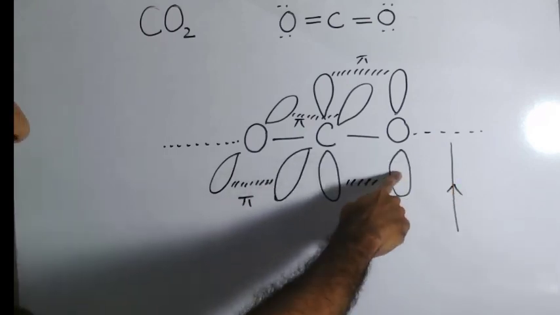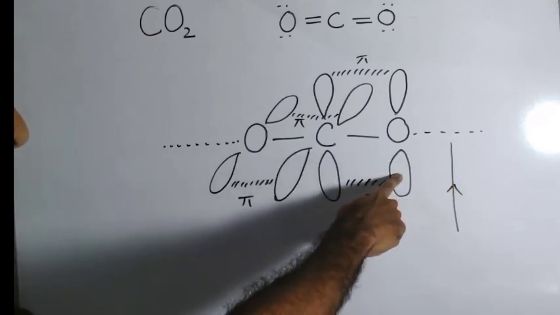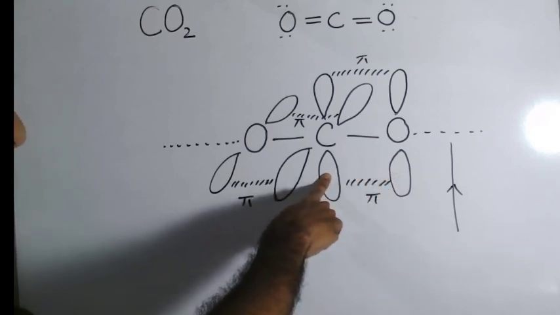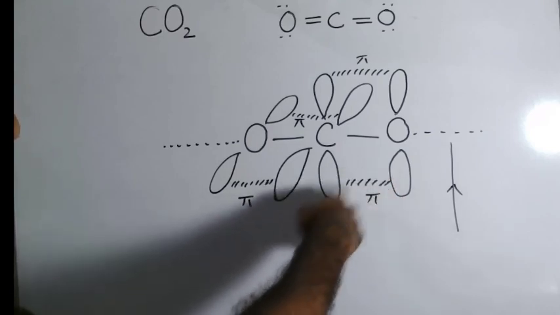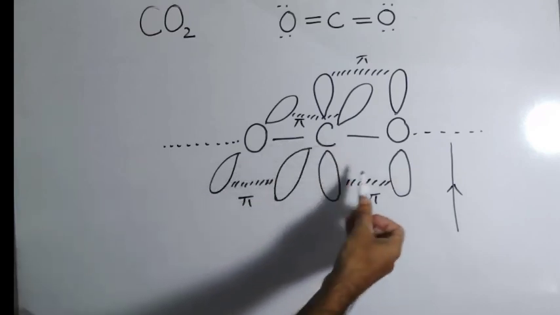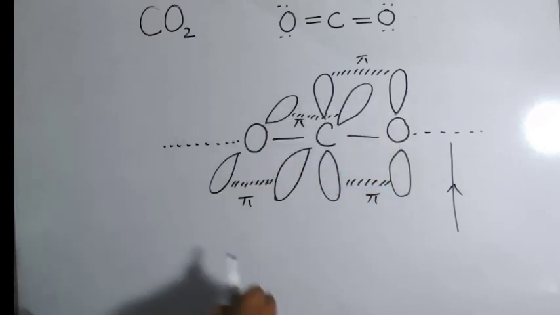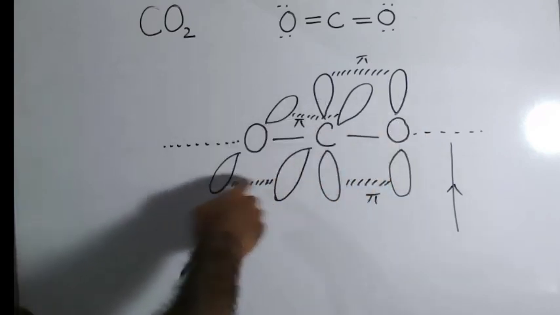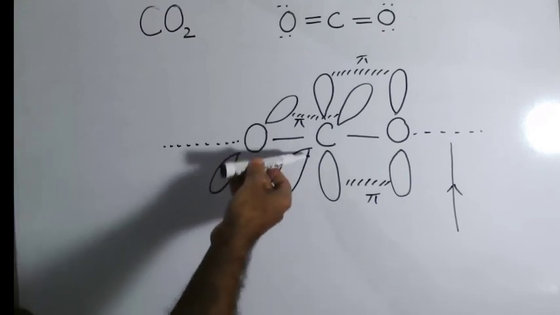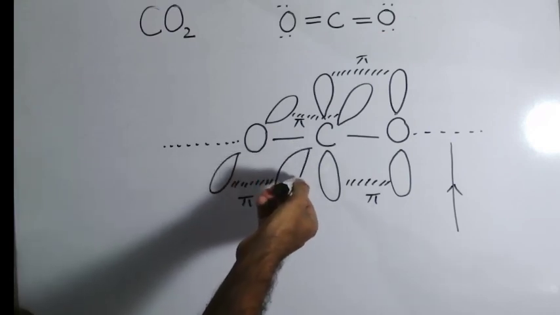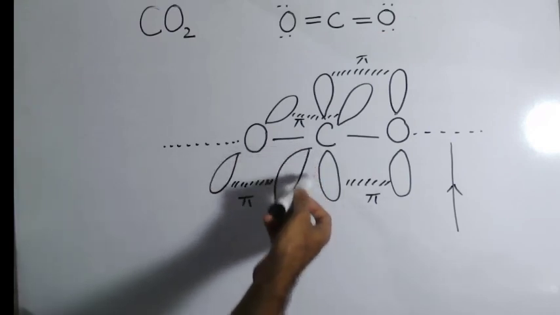You can see this p orbital on the oxygen atom, and this p orbital on the carbon, overlap to form pi bonds. This one and this one. Now these two again overlap, but they are in the plane perpendicular to this axis.